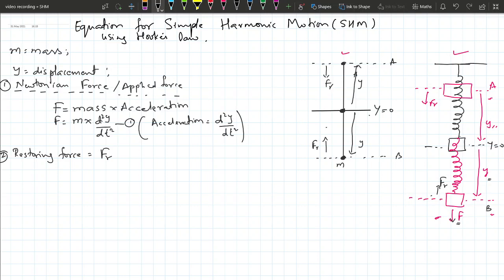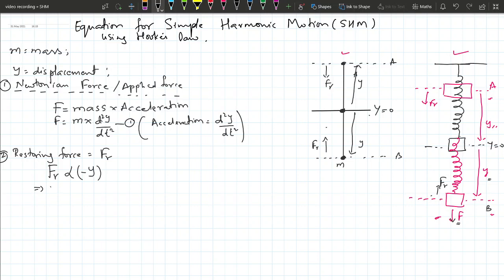The restoring force, as per the condition we studied in the last class, is directly proportional to the displacement. Therefore I can write Fr is directly proportional to the displacement y, and at the same time it should be pointing towards the equilibrium. Therefore I can write minus y.